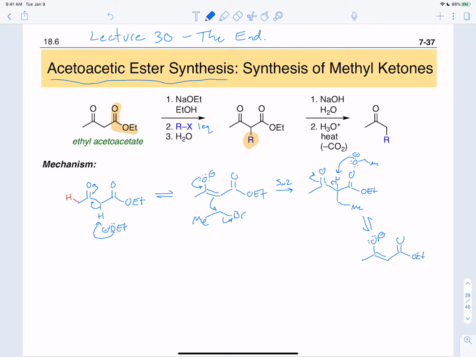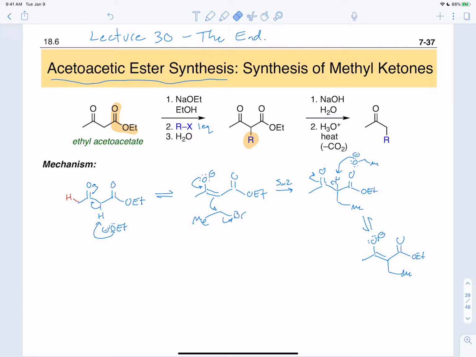So the reason we're able to control stoichiometry pretty well is because once we get to this more substituted enolate, it has a slower rate of alkylation. So if we wanted to introduce two different R groups, we could add two equivalents of the alkyl halide. If we just want one alkylation, we can just put one.